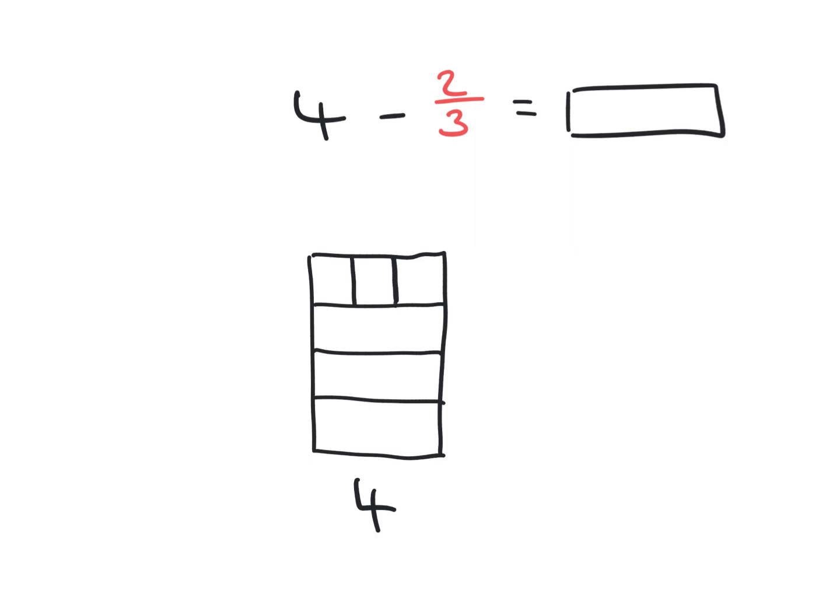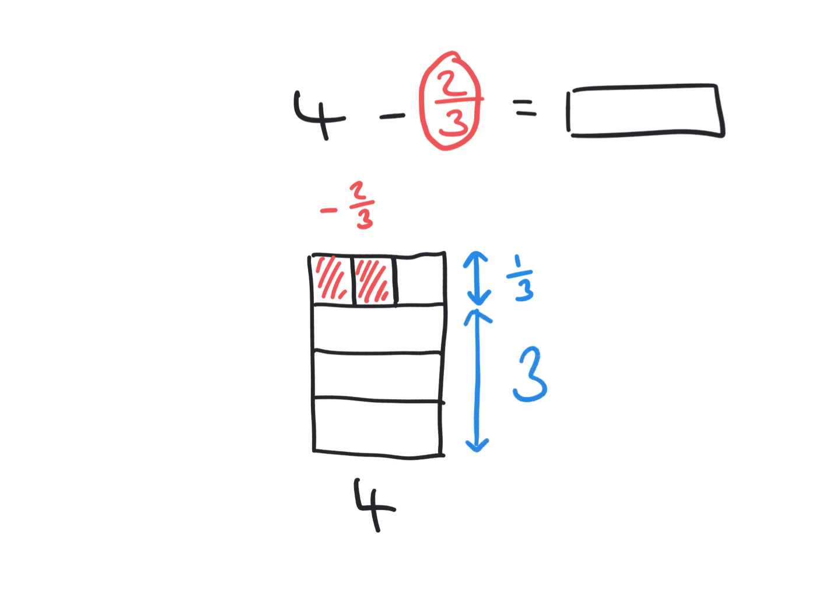Okay, so we're going to subtract the 2/3 here, which there's 1/3 and 2/3, and we can clearly see what is left over. So here we have a 1/3 left over, and here we have 3 wholes left over to give us a final answer of 3 1/3.